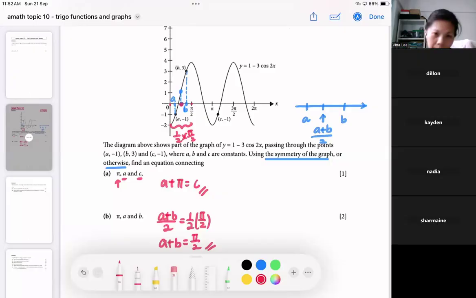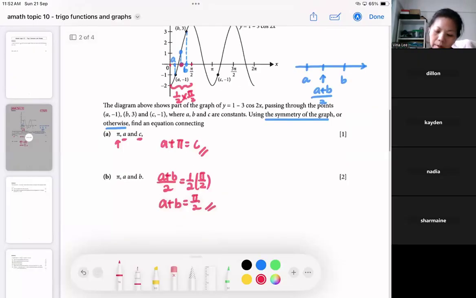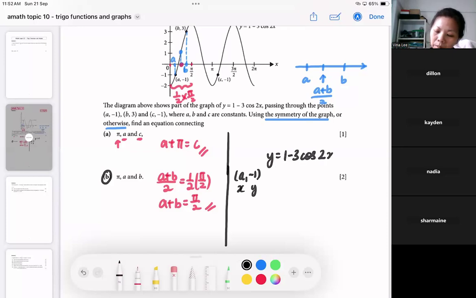There is also an otherwise method, and the answer will still be the same. I will explain the otherwise method for B. I make use of the X and Y coordinate and put it into the equation.